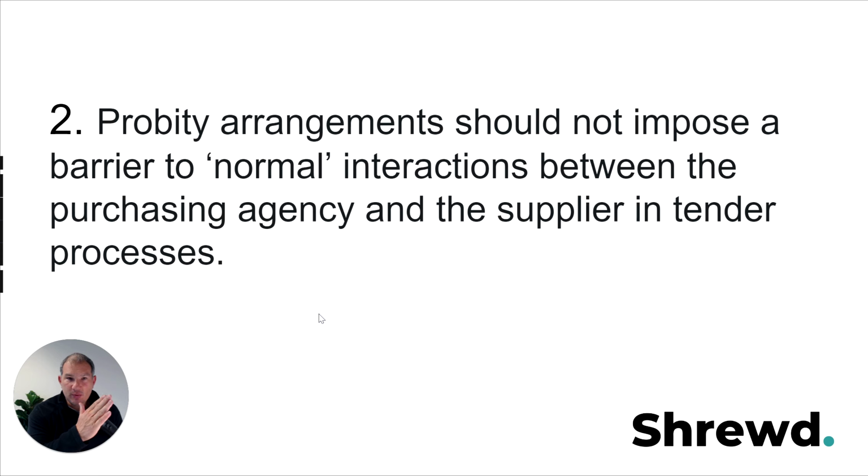You don't want the new procurement over here to impact on the ability to run business as usual operations with that vendor, even though that vendor is also responding to your tender, because otherwise it can make the actual day-to-day dealings with them quite difficult.